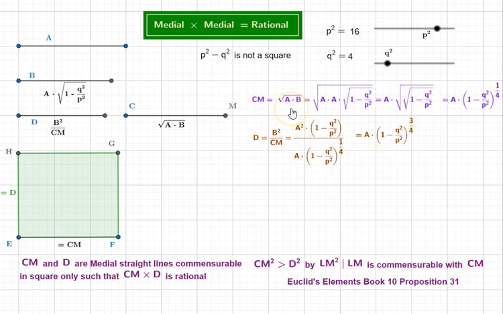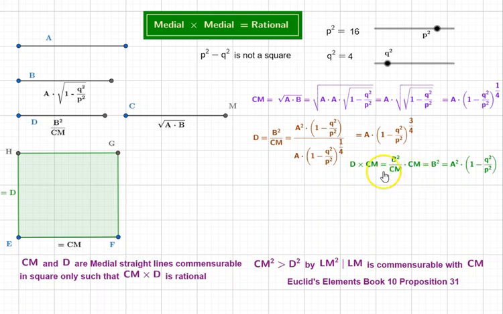So we have found CM, we have found D. And here both CM and D are medial straight lines. And what we are claiming is that the product of CM and D is a rational area. So let's see. Now D times CM is equal to B square by CM times CM. So CM cancels.